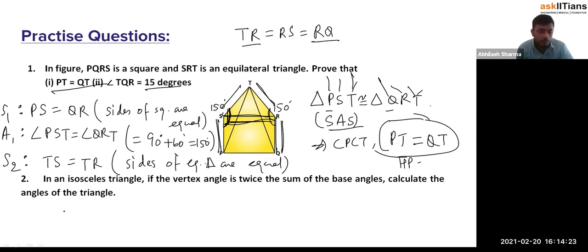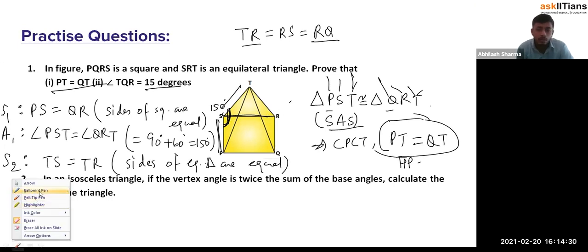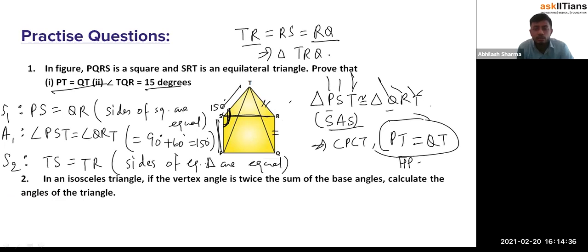Let me draw this again. Now TR equal to RQ means triangle TRQ is isosceles. Why is it so? Because two side lengths are equal, so the angles opposite to them will also be equal.